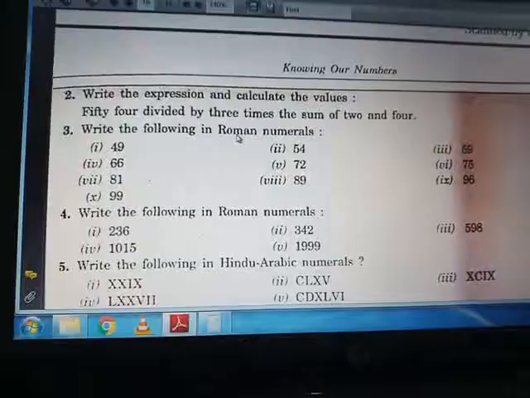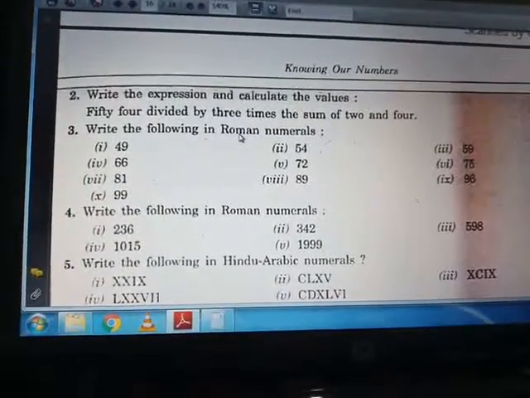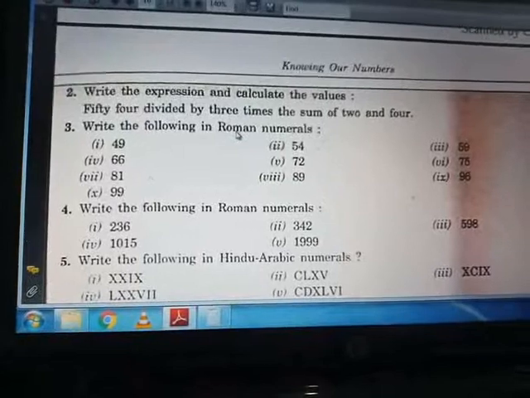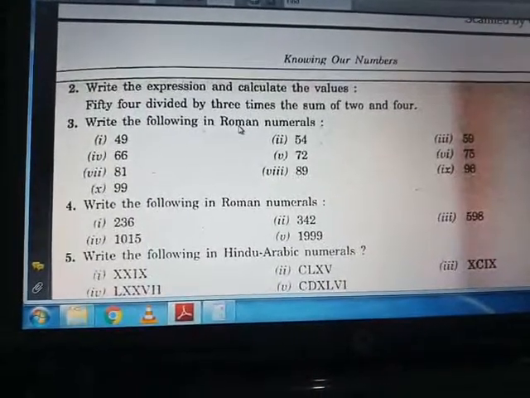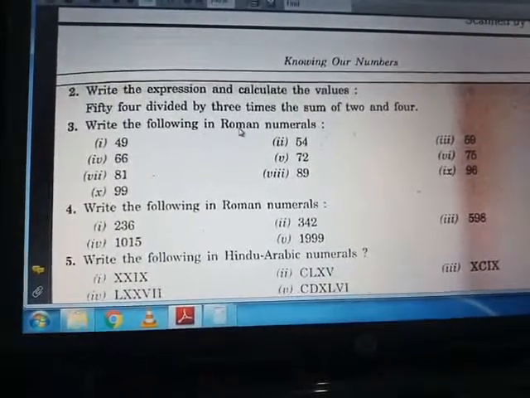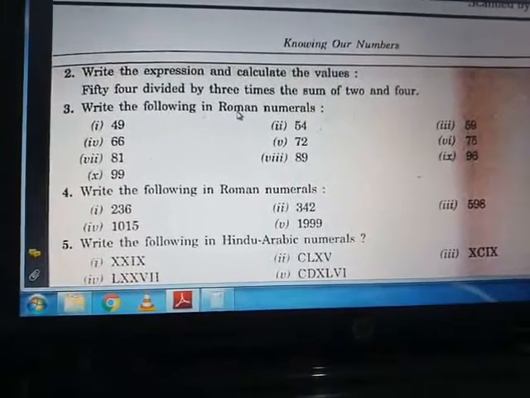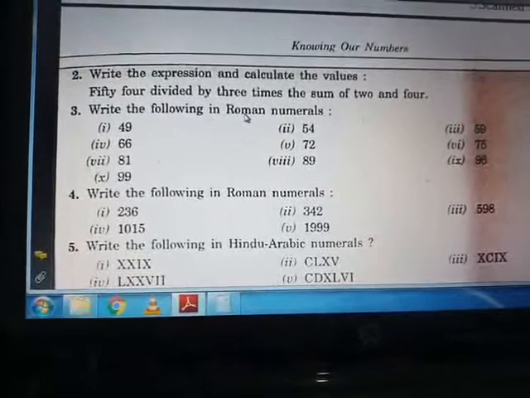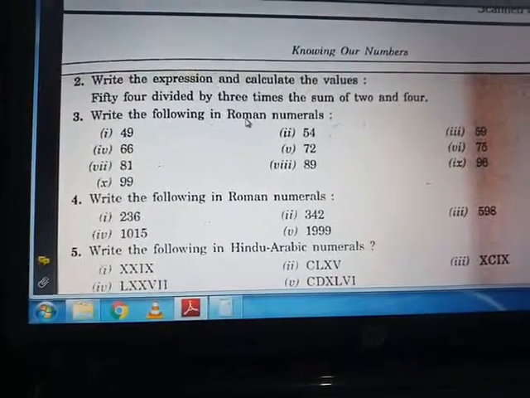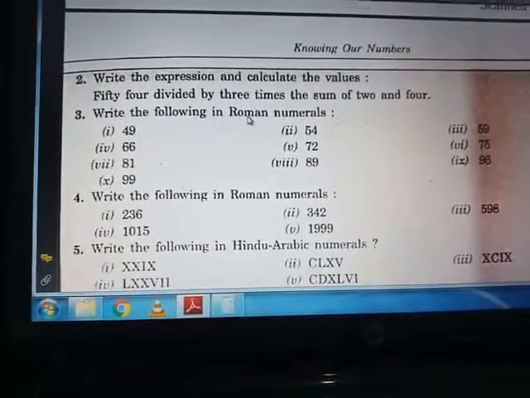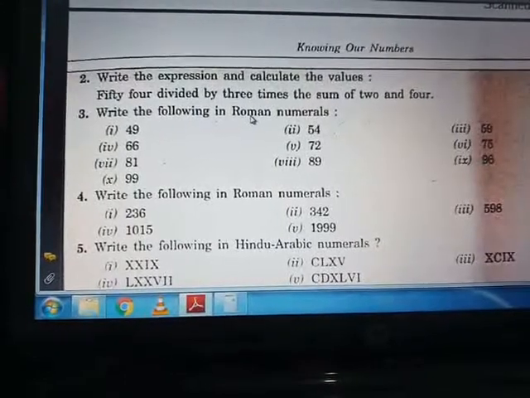Now our question number 2 is write the expression and calculate the values. In this question we have to write the expression, and we have to calculate the value too. So the question says 54 divided by 3 times the sum of 2 and 4.